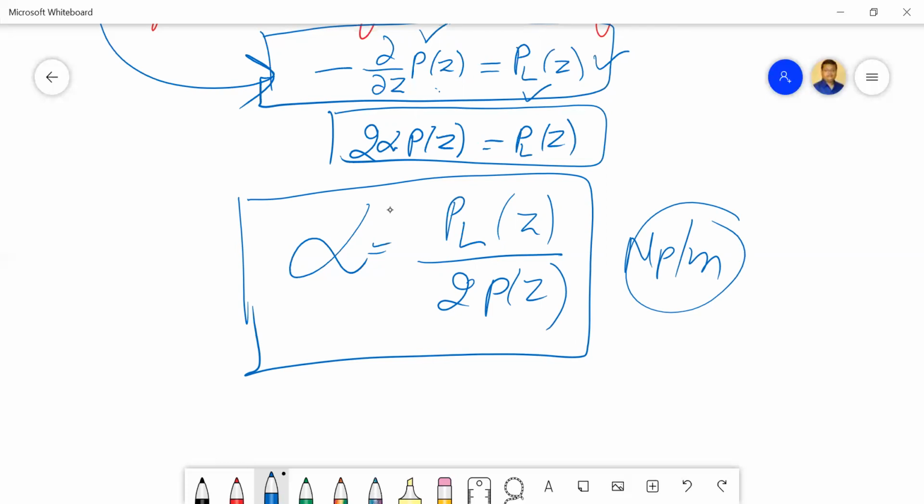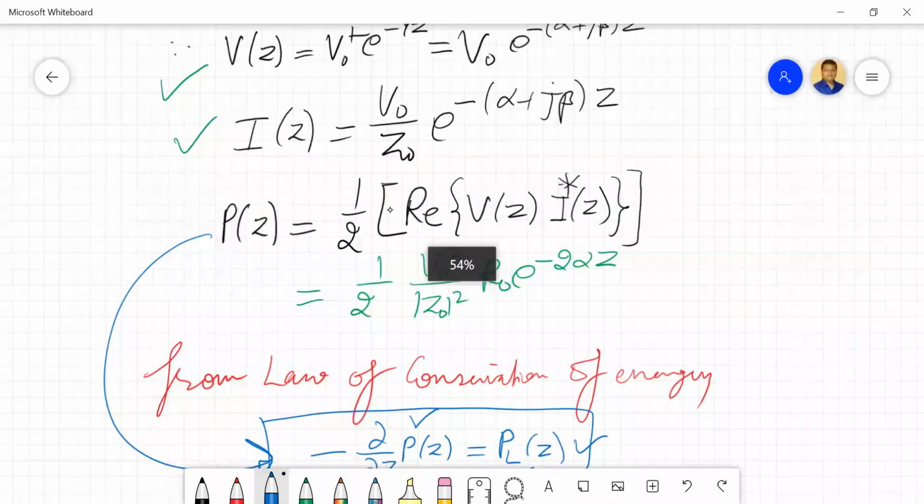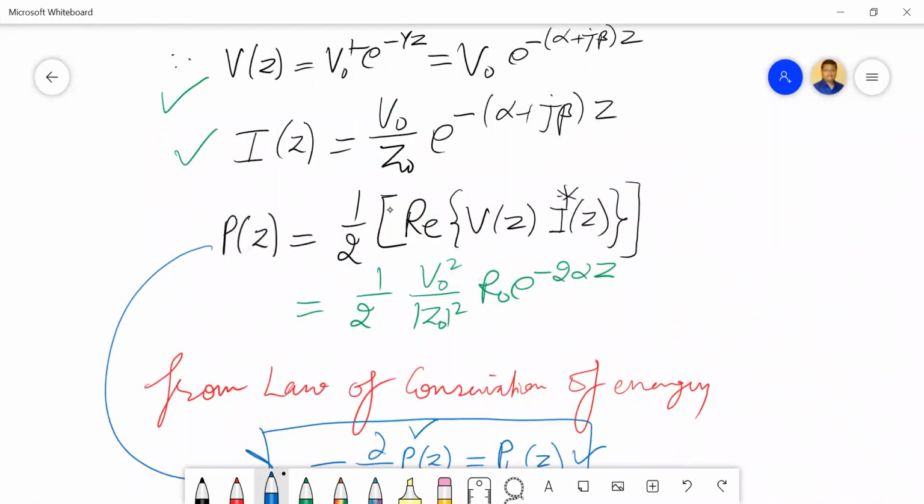Now this is all about the different lumped parameters for different kinds of transmission line.